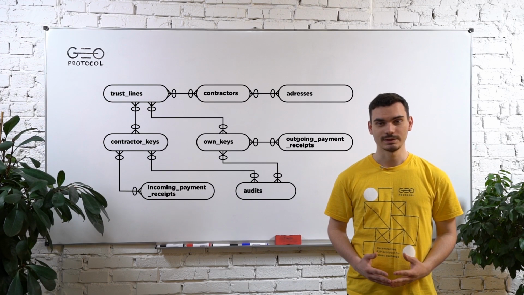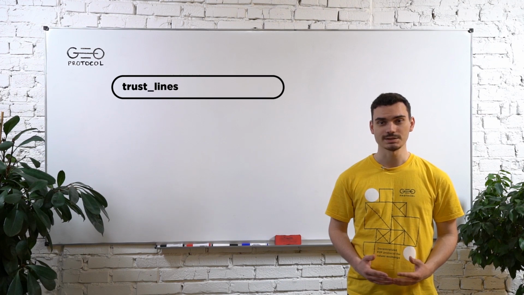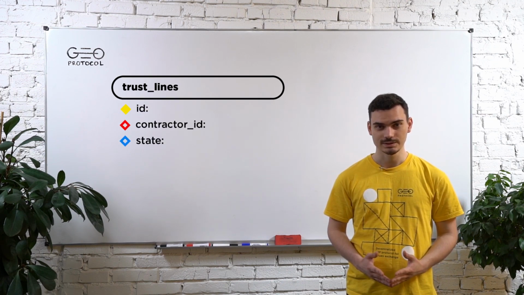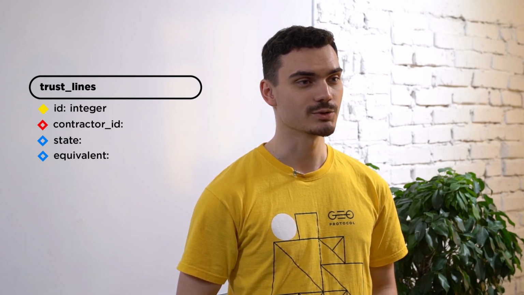The first table is the Trustlines table, and it consists of the following fields: ID, contractor ID, state, and equivalent. ID field contains a unique positive integer that consists of 4 bytes. It is used to identify the Trustline by the node. Every node uses its own identification order for its Trustline that doesn't synchronize with other nodes.